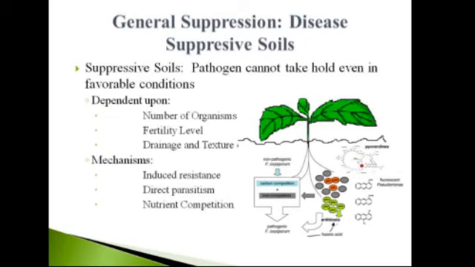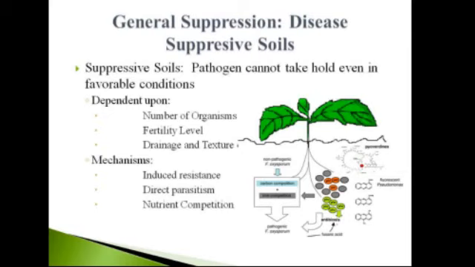Other mechanical forms of producing suppressive soil: induced resistance, direct parasitism, and nutrient competition. Again, these are mechanisms within suppressive soils that take place. There are 4 factors that we want to strive for within our soils.